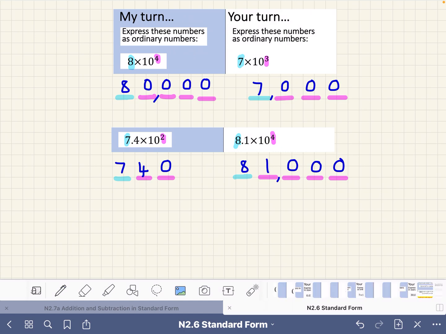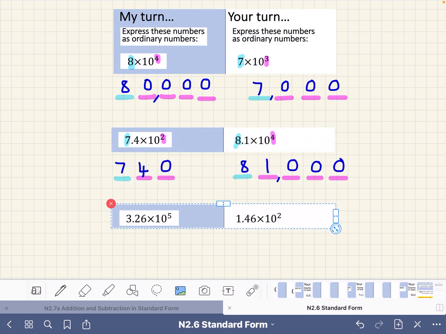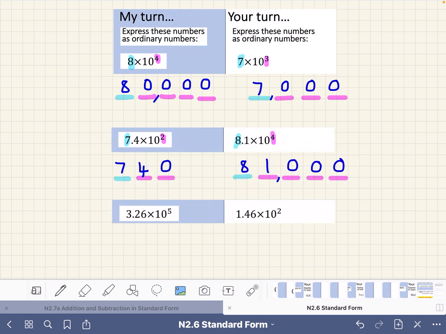We have one more example. My turn. 3.26 times 10 to the power of 5. Our standard form number starts with a 3, which means our ordinary number will start with a 3. We have a power of 5, which means we have 1, 2, 3, 4, 5 spaces after the 3.